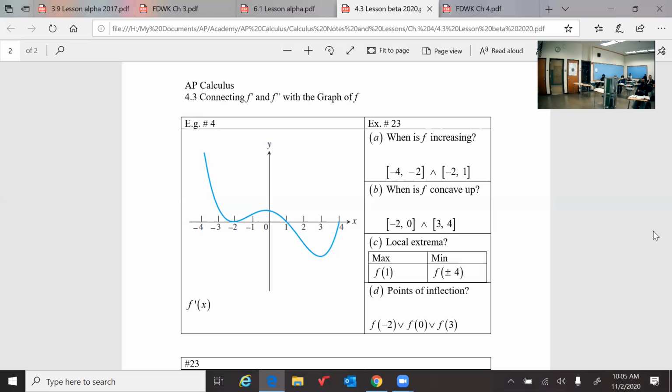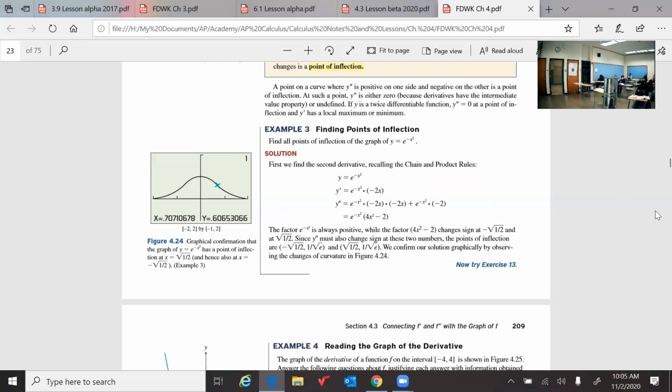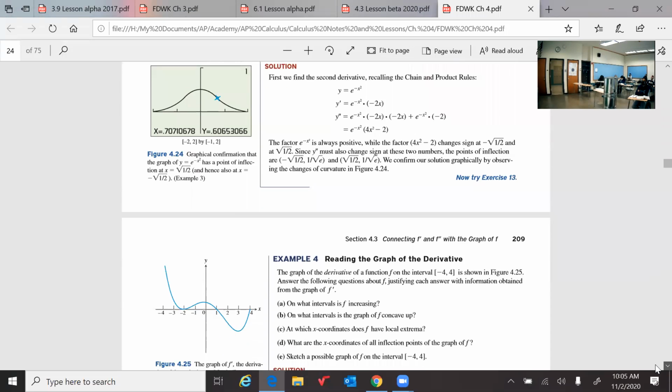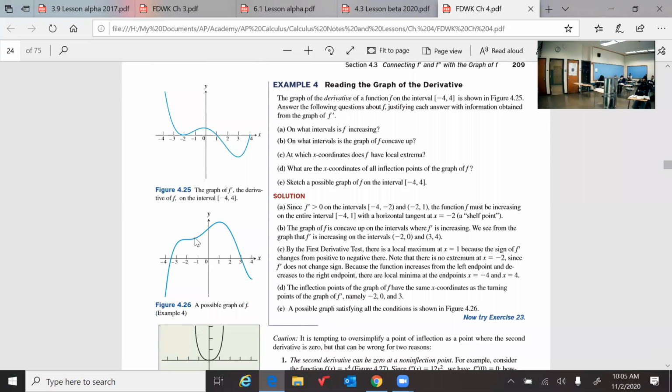Right? So now in the book, they do this on page 209. They drew the parent graph could look like this. Does that make sense? Why would they say it could look like that?